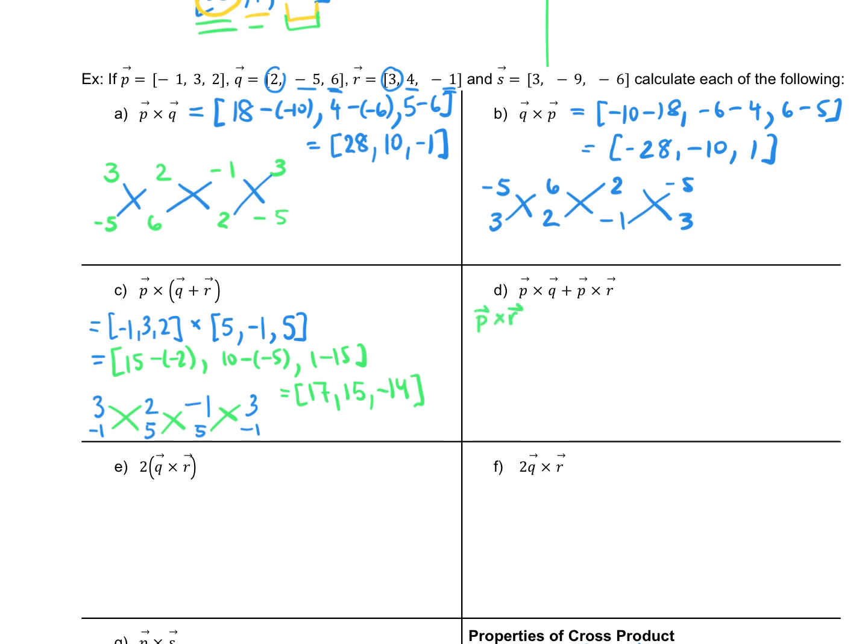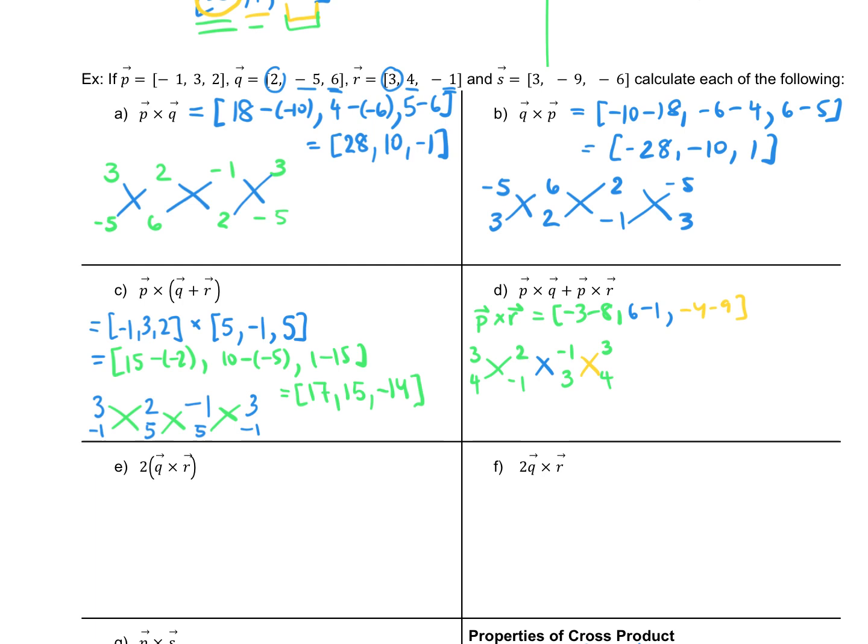All right, so to set it up, vector P, starting with the middle term, 3, 2, -1, 3. Vector R, starting with 4, -1, 3, 4. And we have -3 minus 8, 6 minus 1, -4 minus 9.